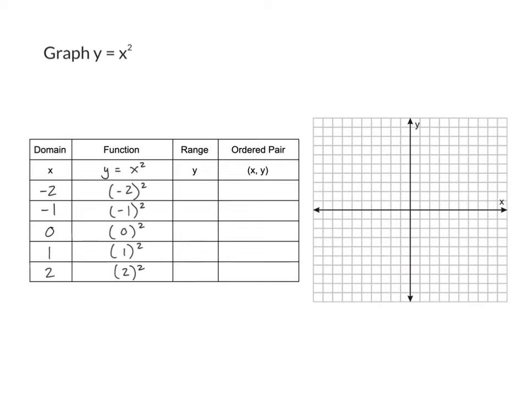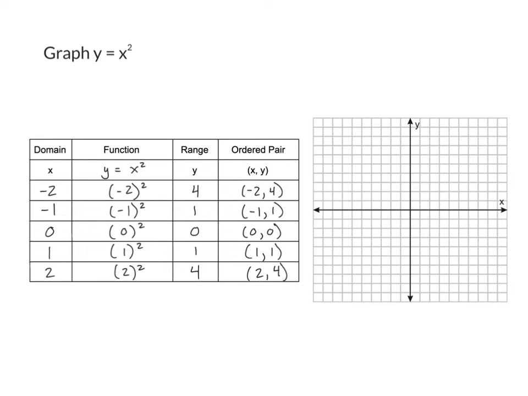If the function is -2 squared, a negative times a negative is a positive. 2 times 2 is 4. 1 times 1 is 1, then 0, 1, and 4. So our ordered pairs are (-2, 4), (-1, 1), (0, 0), (1, 1), and (2, 4).